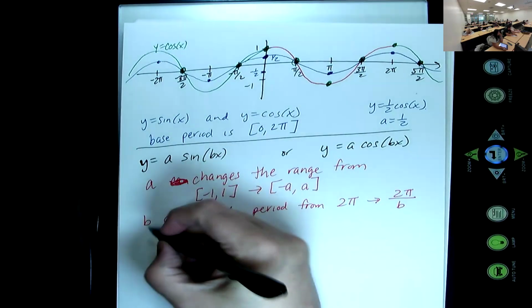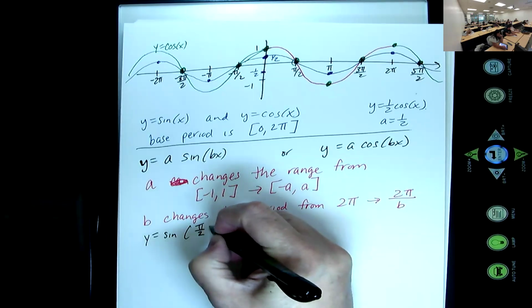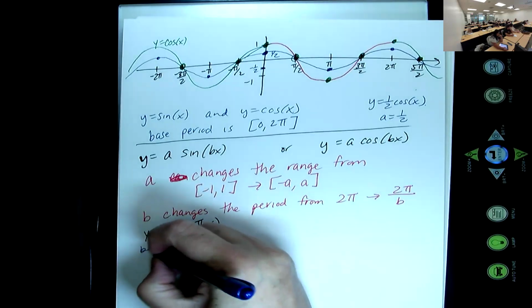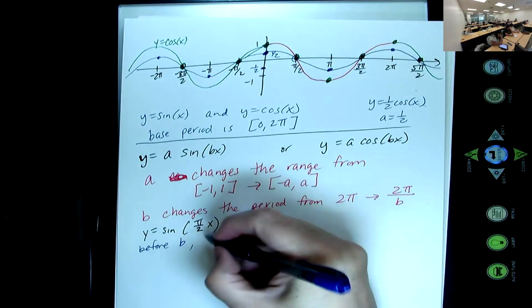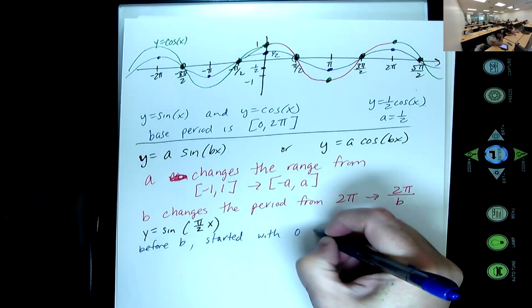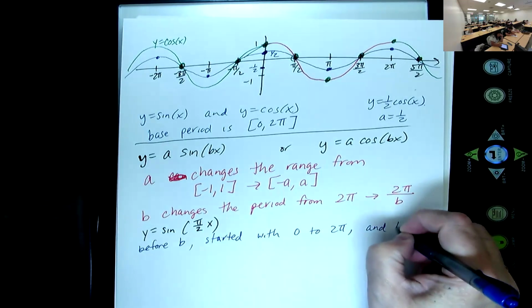Let's take a look at y equals sine pi over 2x. So what we did with sine before b. Before we were taking b, we started with 0 to 2 pi, and broke it up into 4 regions.